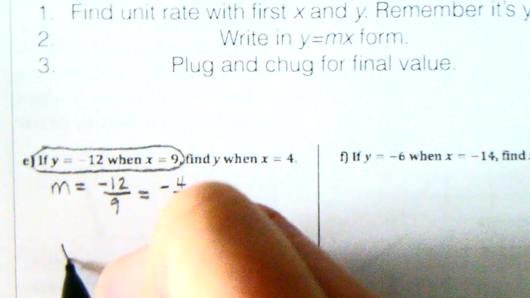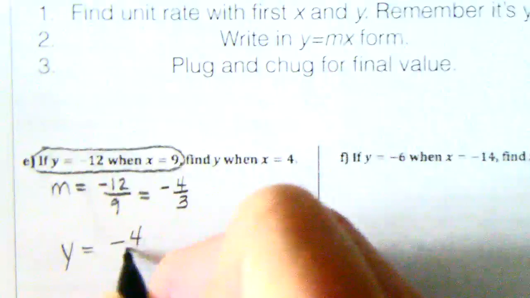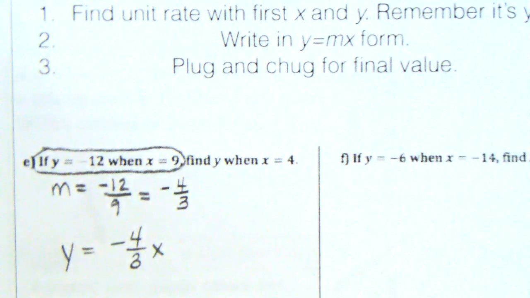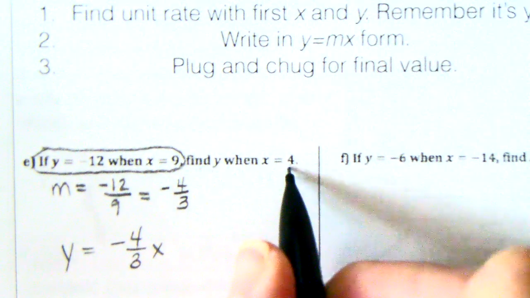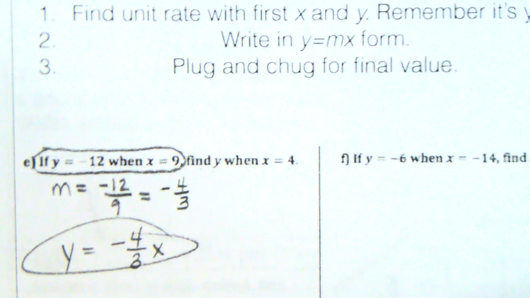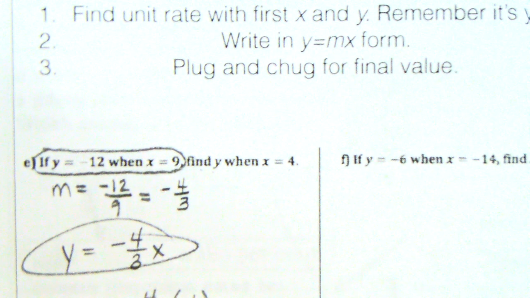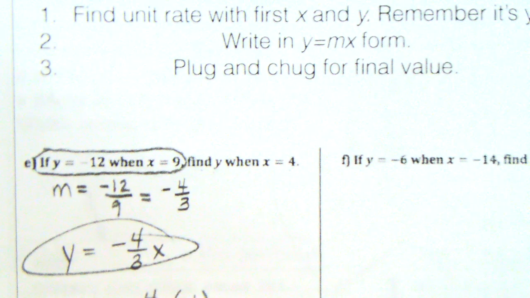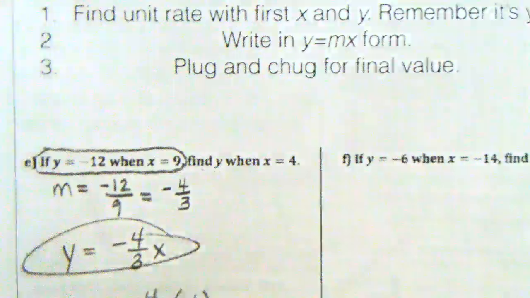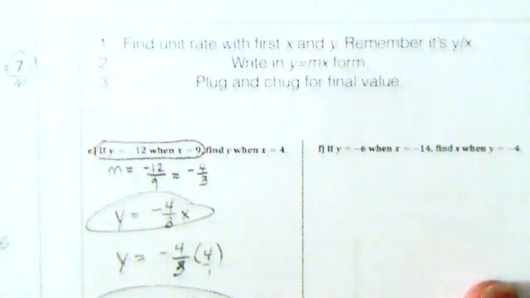So your equation, y equals negative 4 over 3 x. Now it says find y when x is 4. That seems pretty simple. Just multiply it, and you know what? I'm going to leave it, negative 16 over 3. No need to reduce it. I'll leave it right there like that.